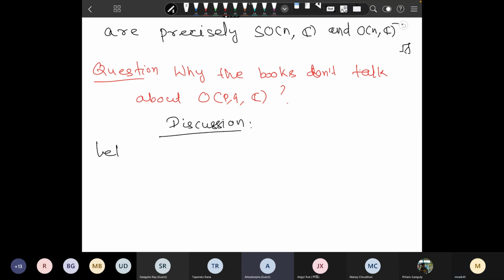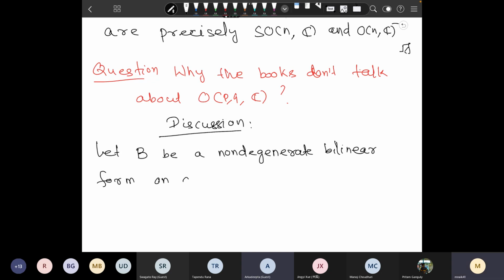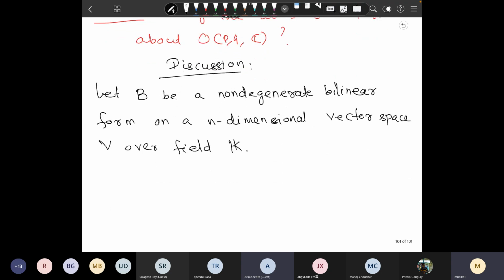Let B be a non-degenerate bilinear form on an n-dimensional vector space V over a field K. Now I form the automorphism group.